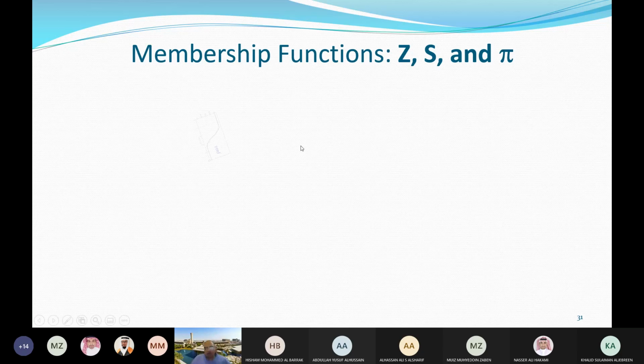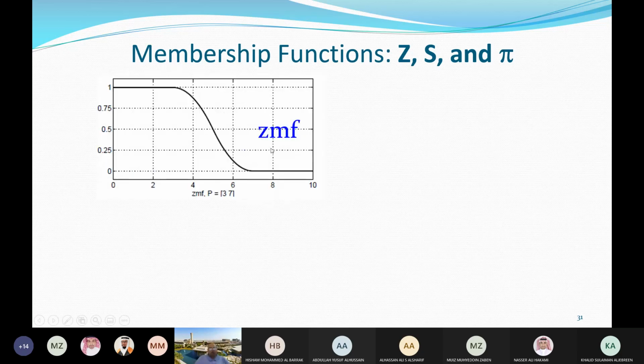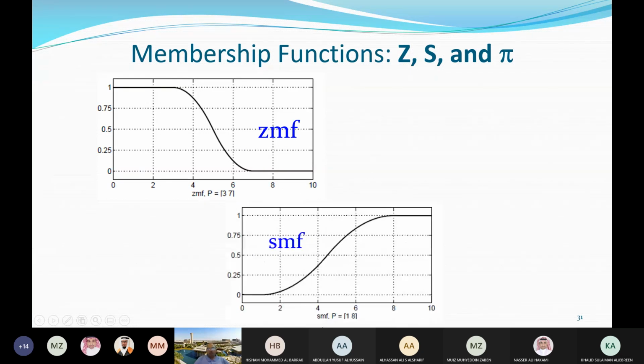Or whatever. So we have other functions: the Z membership function, similar to the letter Z, and you have the S membership function also. This is the Z membership with 3 and 7. As you can see here, at 7 it is 0, and this starts at 3. I mean 3 and 7. It goes as such. These are functions also in MATLAB.